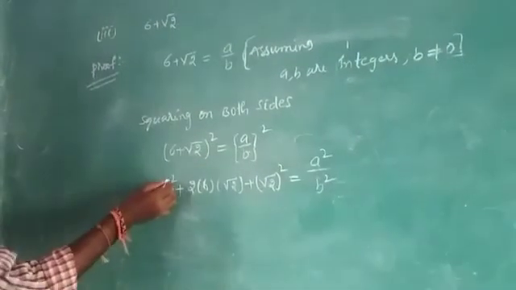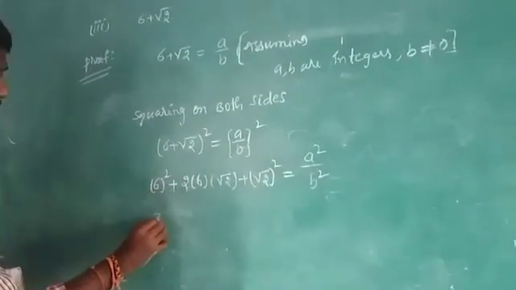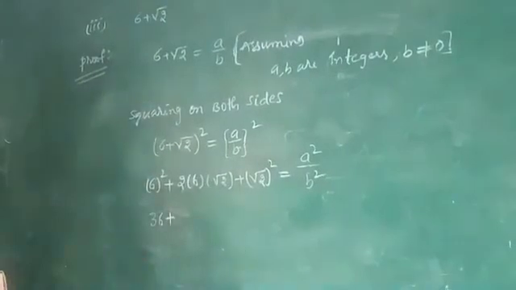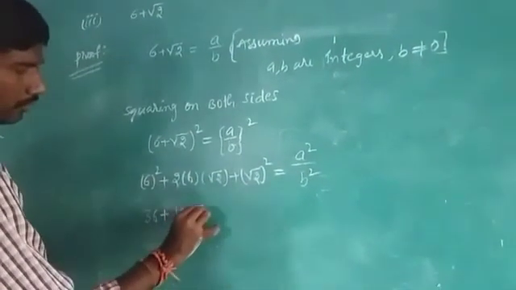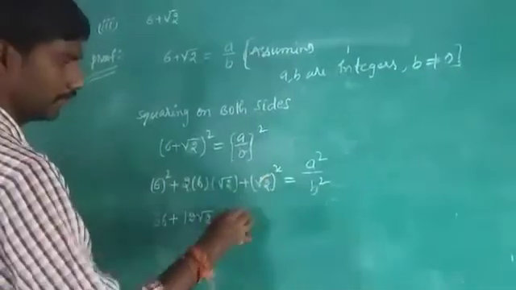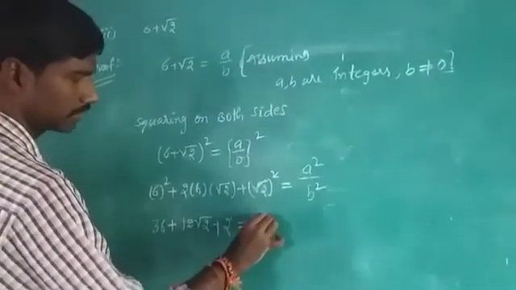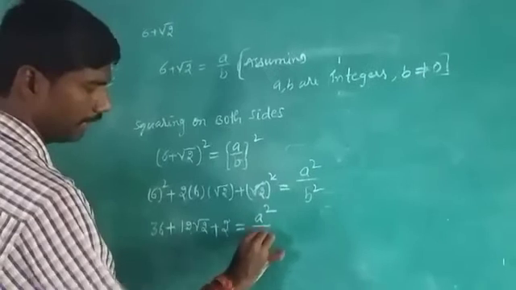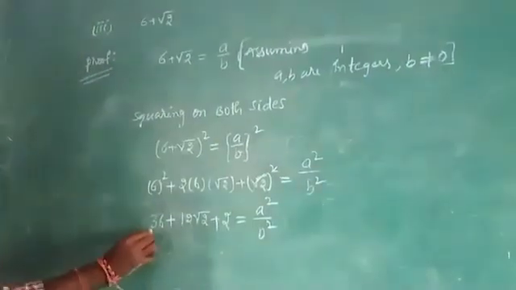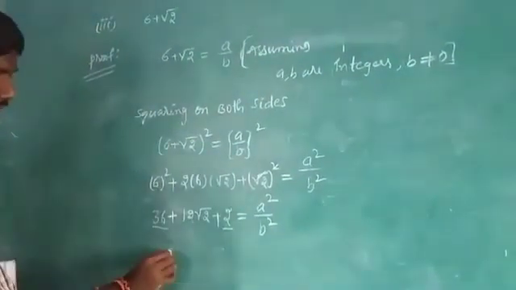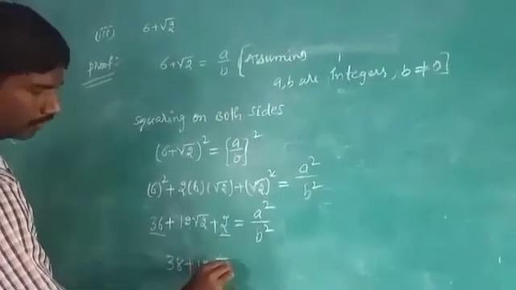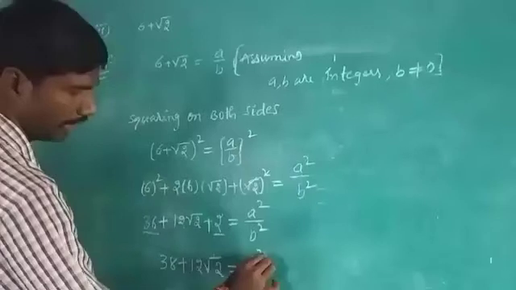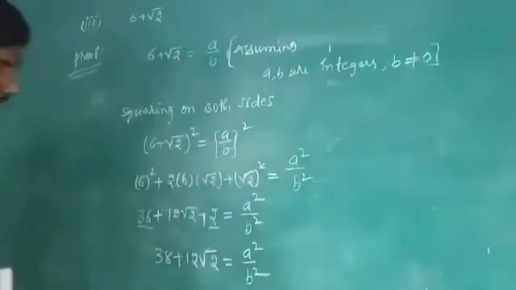Then this is 6 square, 36, plus 2 into 6 into root 2, that is 12 root 2, plus root 2 squared, the square root gets cancelled, equals a^2/b^2. And you can add these two: 36 plus 2 is 38, plus 12 root 2 equals a^2/b^2.